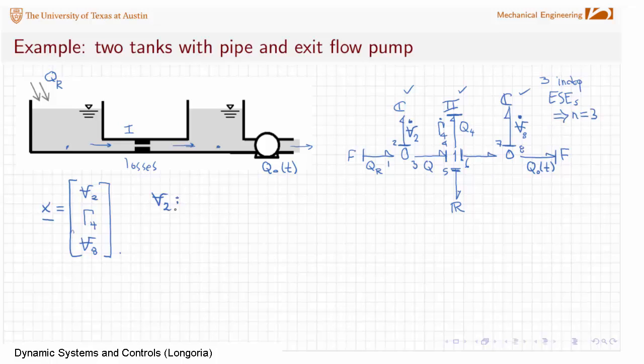Remember, the state equation is the rate relation, which is V dot 2, and that's equal to the flow on bond 2, which is equal to, from the zero junction, and using the sign, QR minus Q3, which is bond 3. This is an input. Let me go ahead and put a function of time minus Q3. But Q3, this is Q3 here, is equal causally to Q4.